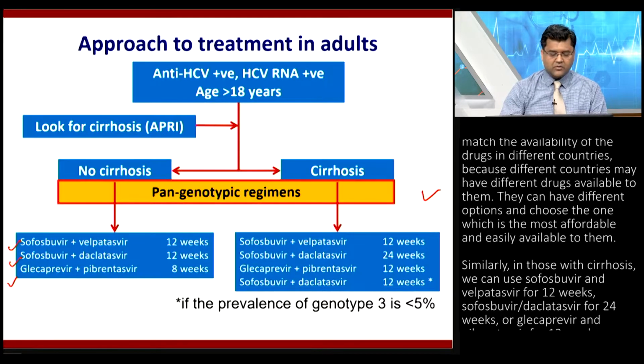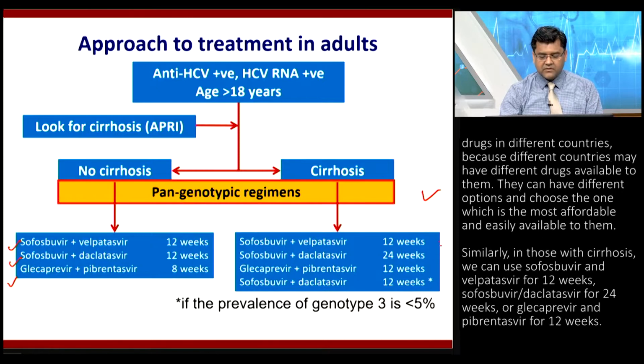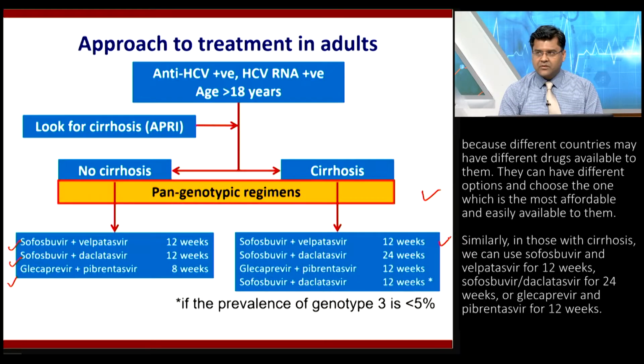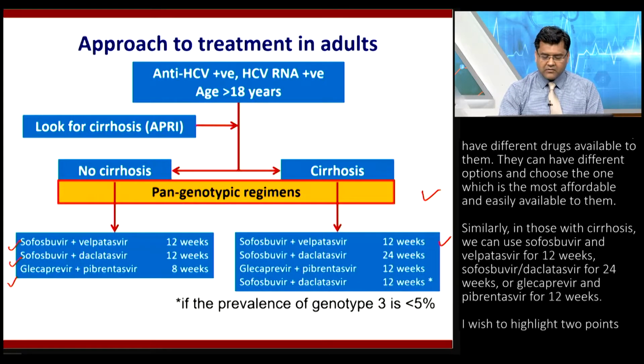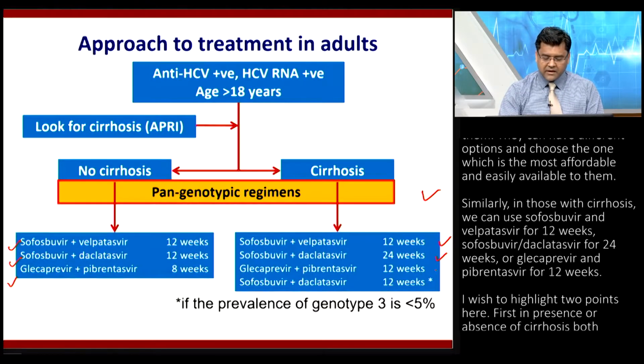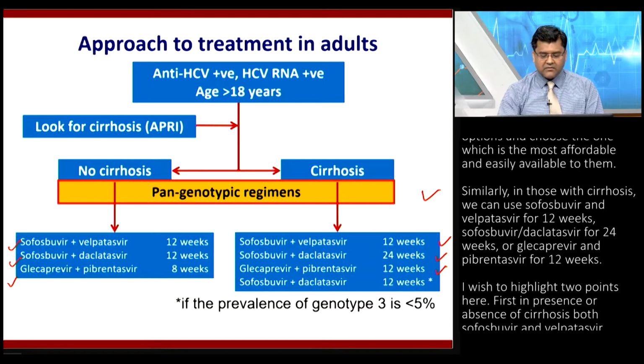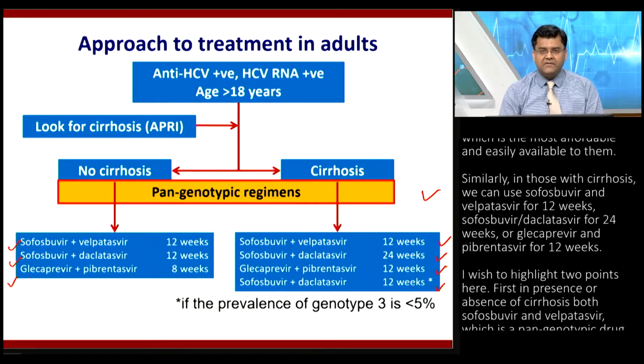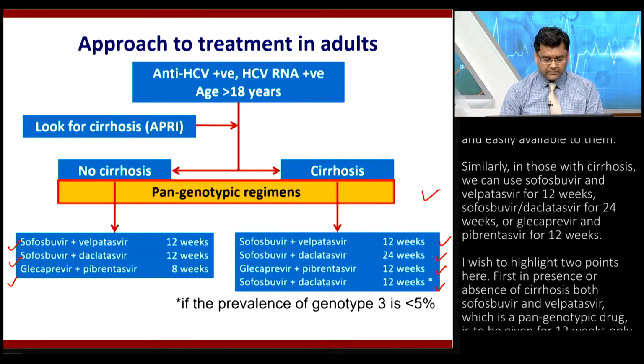Similarly, in those with cirrhosis, we can use sofosbuvir and velpatasvir for 12 weeks, sofosbuvir and daclatasvir for 24 weeks, glecaprevir and pibrentasvir for 12 weeks, and sofosbuvir and daclatasvir for 12 weeks. I would like to highlight 2 points here.